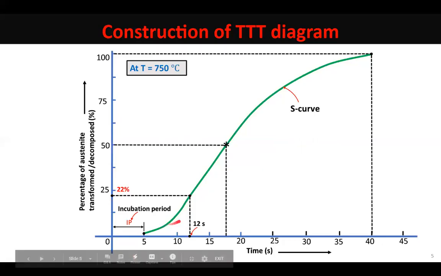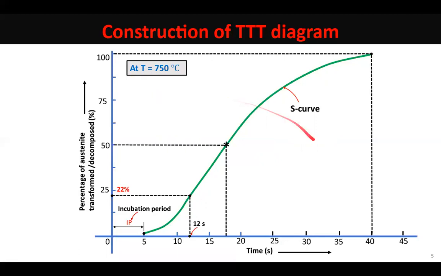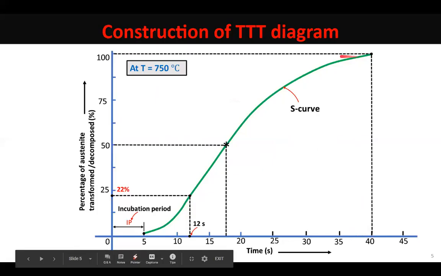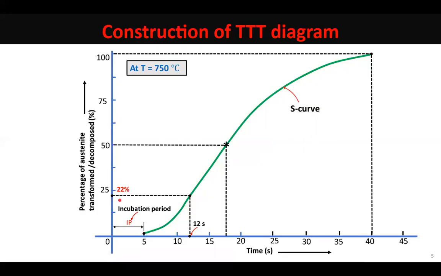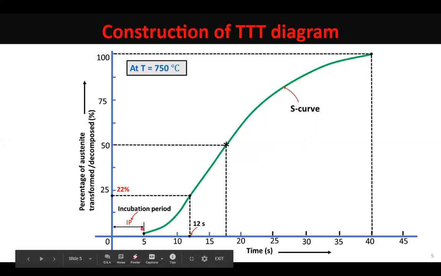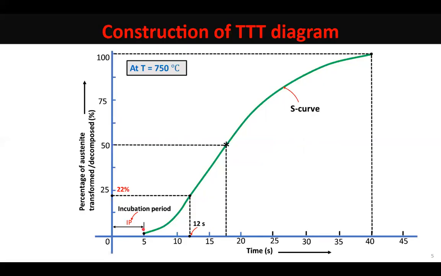So this diagram is showing you that when you were trying to do the transformation, sorry, this should be 680, when you were trying to do the transformation at 680 degrees centigrade, it took almost 40 seconds for the entire austenite to transform into some other phases, and it took about 12 seconds for 22% transformation to happen. And 5 seconds were taken by austenite to start transforming. Mind it, students, austenite was present at a temperature lower than the lower critical temperature of the steel.